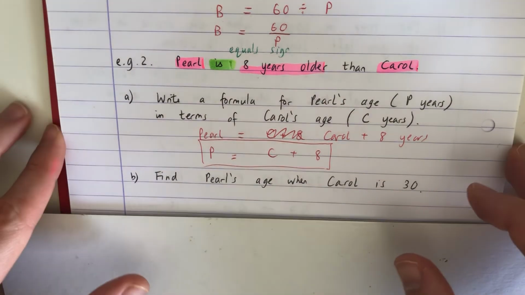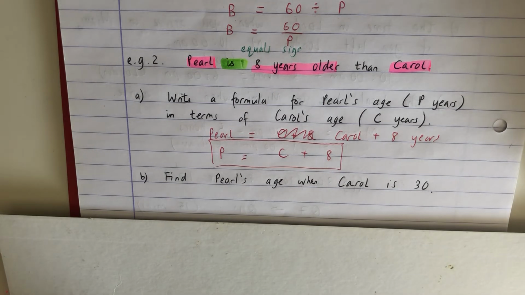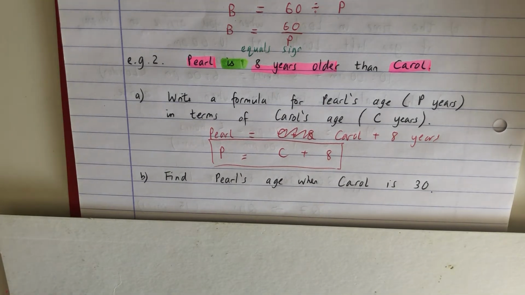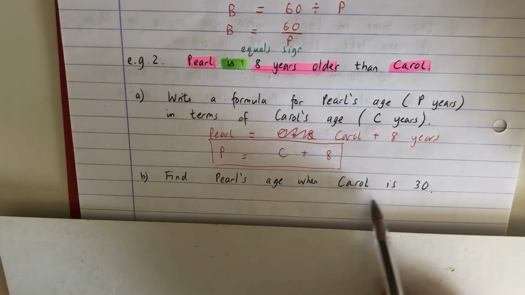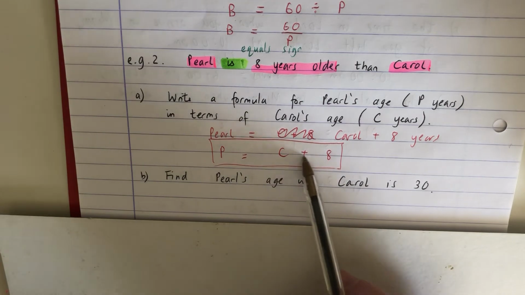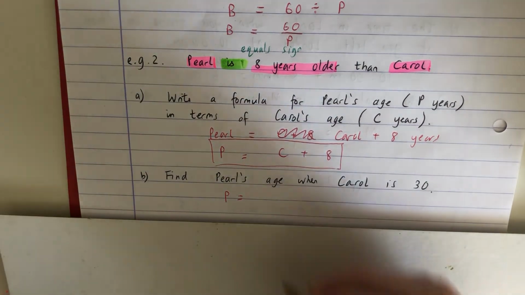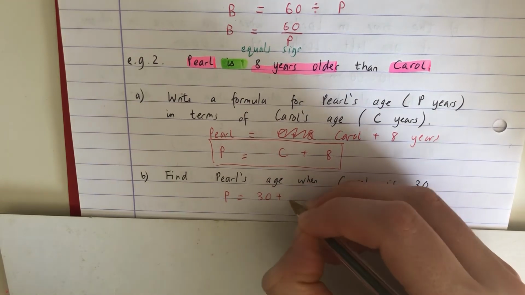Part B. Find Pearl's age when Carol is 30. So we have to use the formula this time. And they tell you that Carol is 30. So Carol plus 8 equals Pearl. So P would be equal to 30 plus 8.